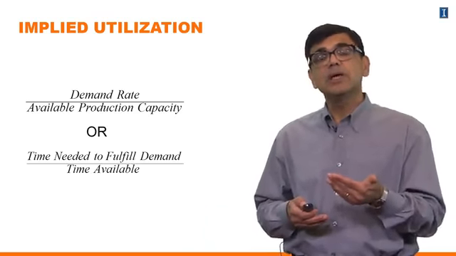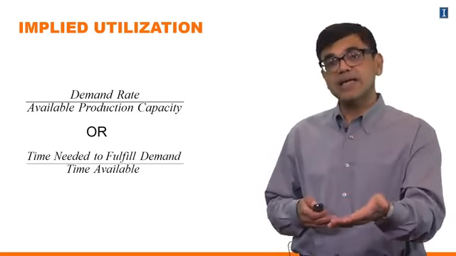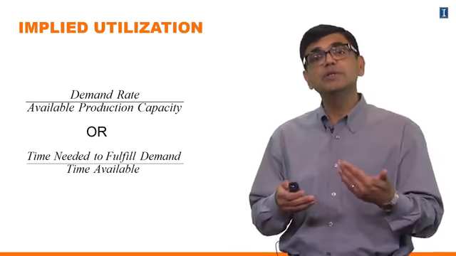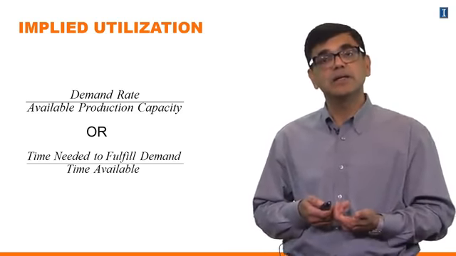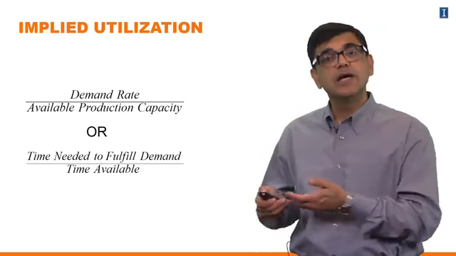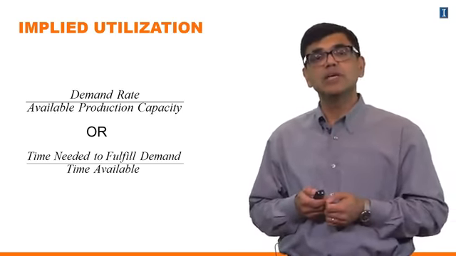Right? So what do we mean by it being 200%? It's saying that you either have to double capacity, or you have to find a way of reducing the time it's taking for it to be done. So implied utilization is a number telling you, if you were to fulfill this demand, what would your utilization be?